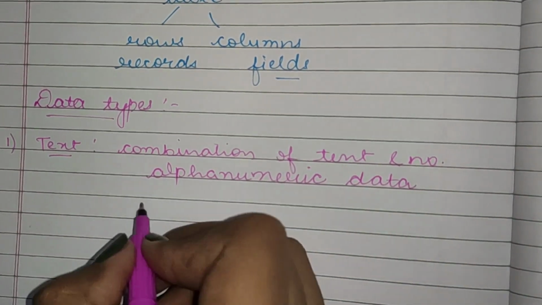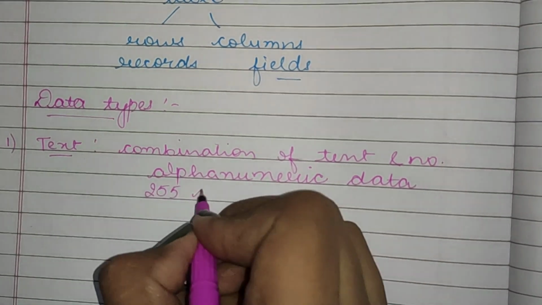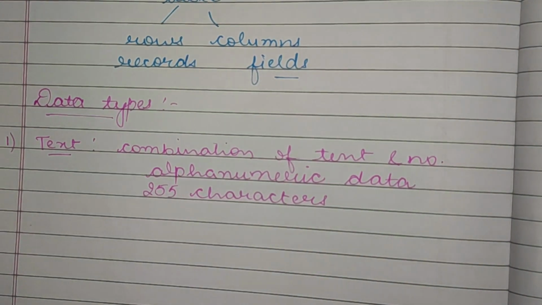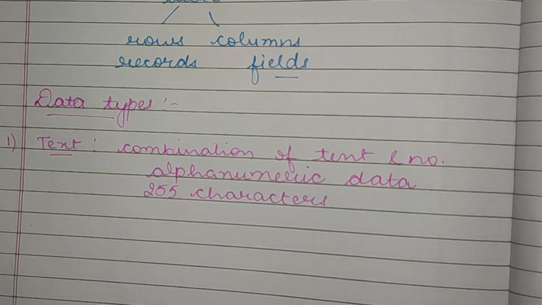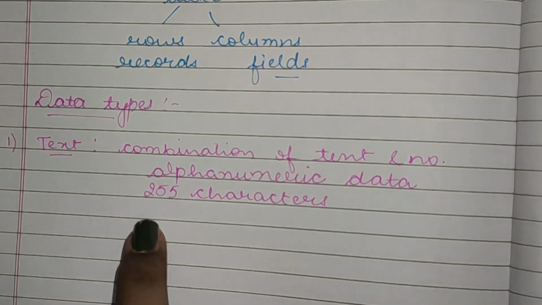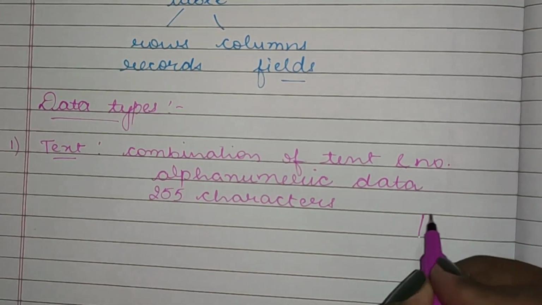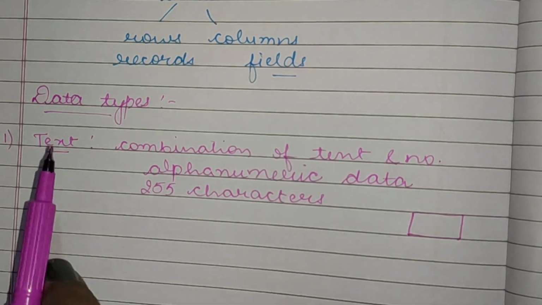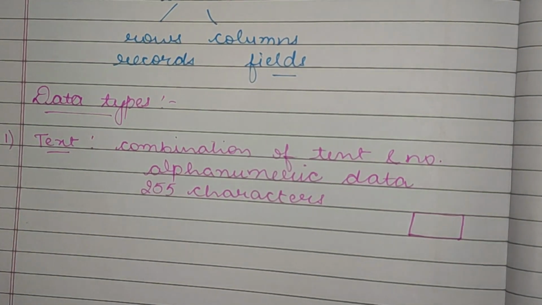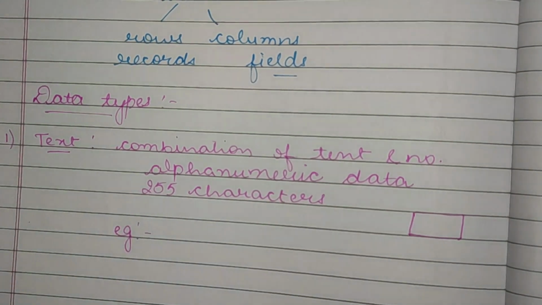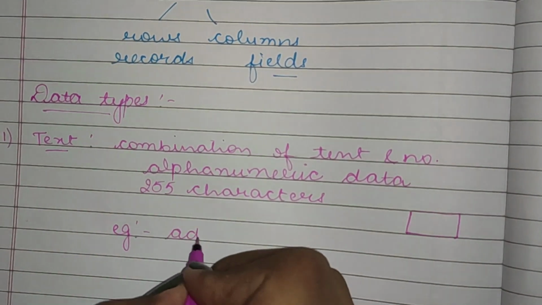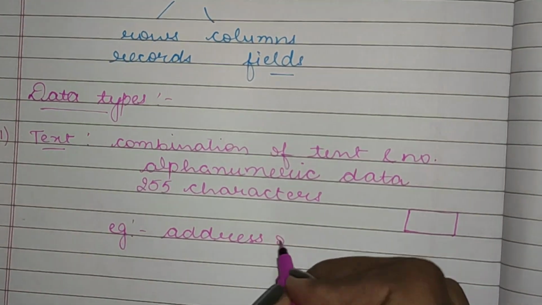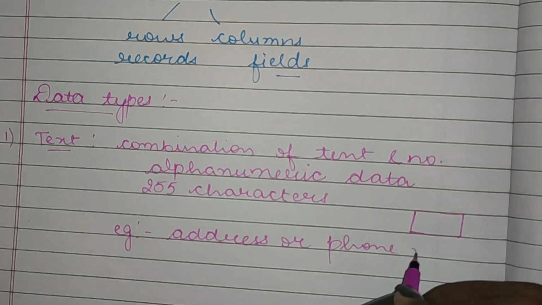And what is the data limit? 255 characters is the limit. Any field of the text data type can contain 255 characters. And what do we enter with the help of text data type? We can enter the address of any friend, relative or colleague, or you can enter phone numbers.